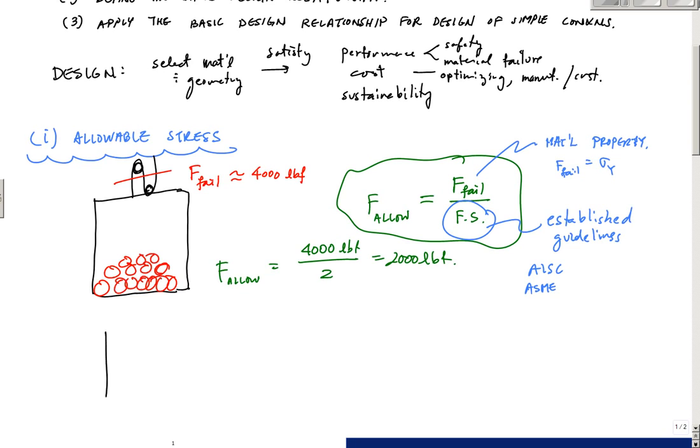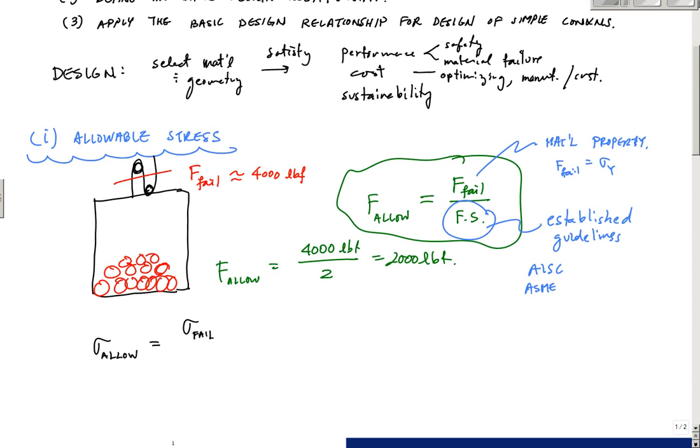And so for now, for a given material, let's say like steel or just in general, one of the ways that we can fail is by the normal stress. And so we have the allowable normal stress. So if we want to put this back into stress, the allowable normal stress is going to be equal to the failure stress, whatever I define as failure.